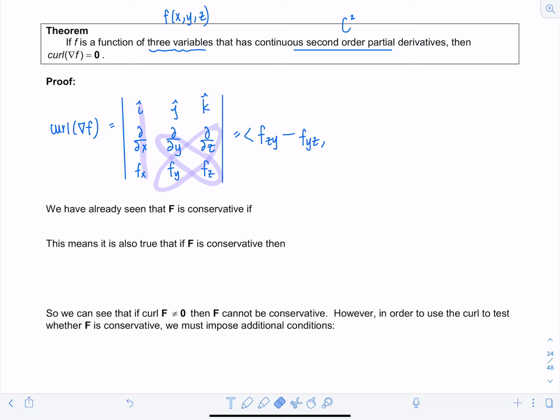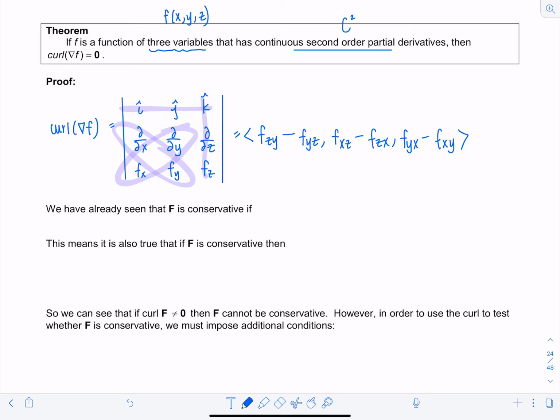Okay, let's move on. Next entry, we'll have partial of x, and then differentiate that with respect to z. So that's partial xz minus, this would be partial zx. And then lastly, here we go, we'll have partial yx minus partial xy.